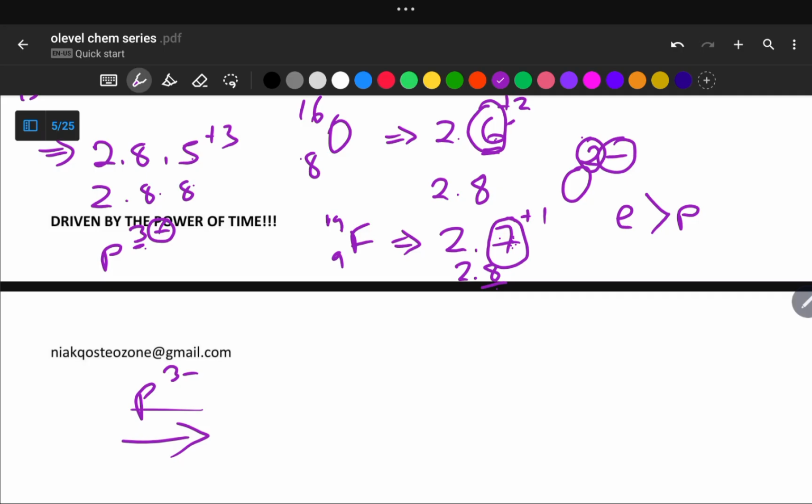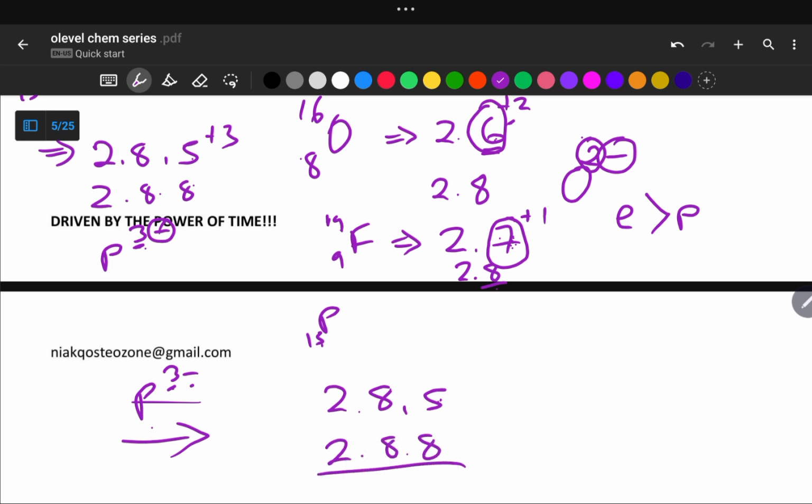So you can deduce the number of electrons from the periodic table for the phosphorus atom. So this one is the ion, the anion, the negatively charged ion. Phosphorus on the periodic table, the neutral atom is 15. So it's 2, 8, 5. And then we have this 3 minus, meaning we are adding 3 electrons here. So it's going to be 2, 8, 8.